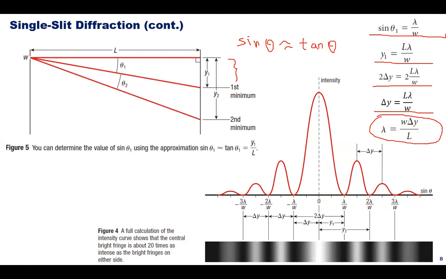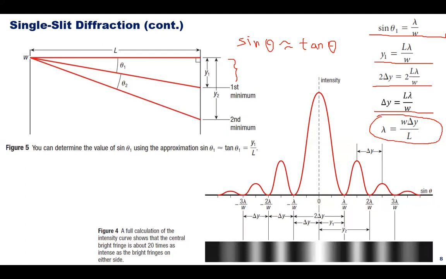From the equation for the location of the minima, the distance from each minimum to the next one is also y1. You can observe this from figure 4 here. This is useful for predicting the positions of the fringes and the wavelengths of light from the diffraction pattern.